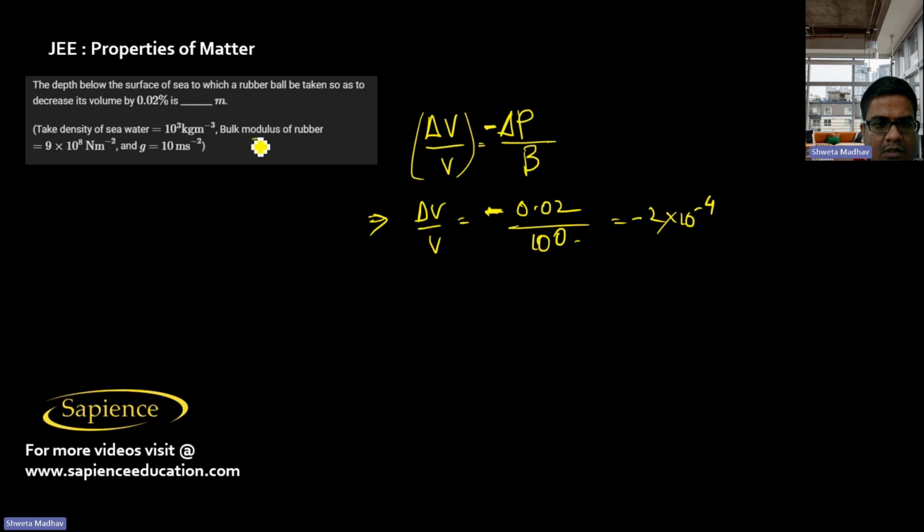So the bulk modulus is 9 into 10 power 8, and then the density of sea water. Therefore, the change in the pressure is equal to rho g h.